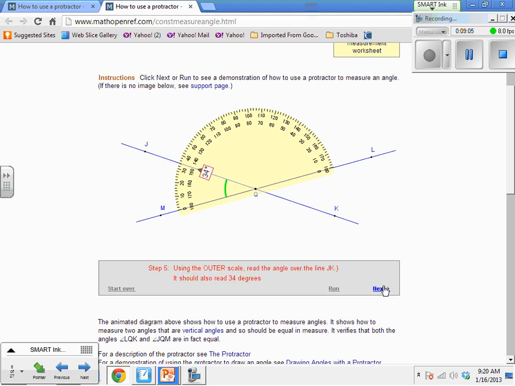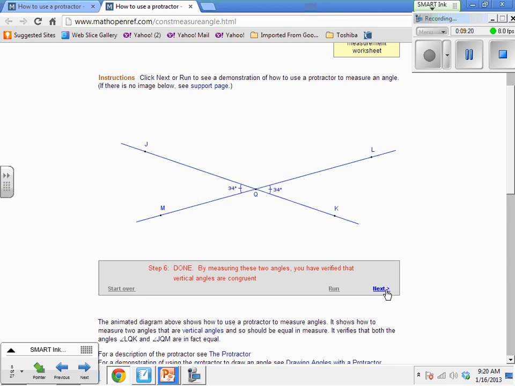Next. Use the outer scale and read the angle over the line JK. It also is reading 34 degrees. So this is why you have two different scales. Does everybody understand that? Okay, you've verified the angles are congruent, which we'll get to in just a minute. Okay? All right?